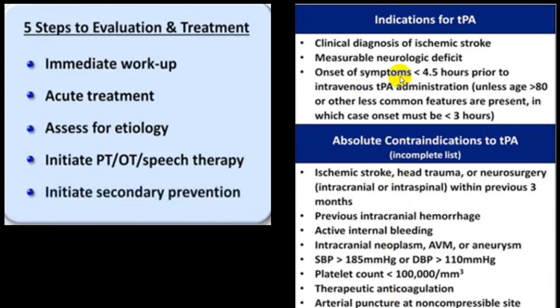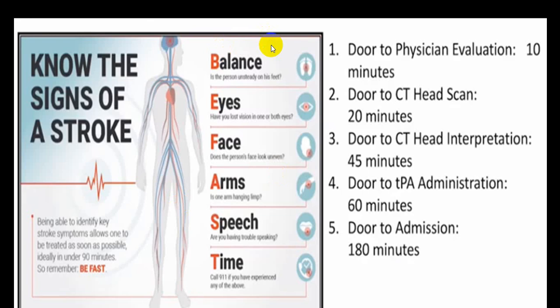And onset of symptoms should be less than 4.5 hours prior to intravenous TPA administration, unless the age is more than 80 or other less common features are present, in which case onset must be less than 3 hours. These are some of the parameters which should be considered for TPA administration.